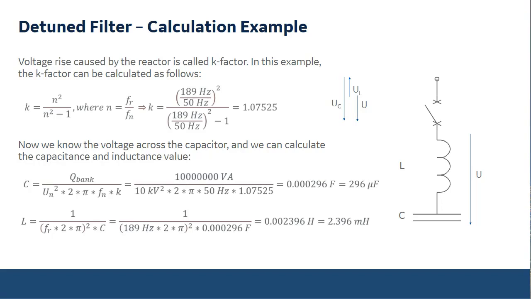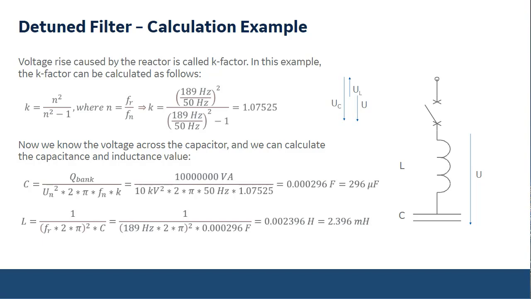Now that we know the K factor, we can calculate the capacitance and the inductance values. We must know the total reactive power of the bank, here 10 megavars, and we know the nominal voltage, the nominal frequency, and the K factor. Like this, we get that the capacitor is 296 microfarads.